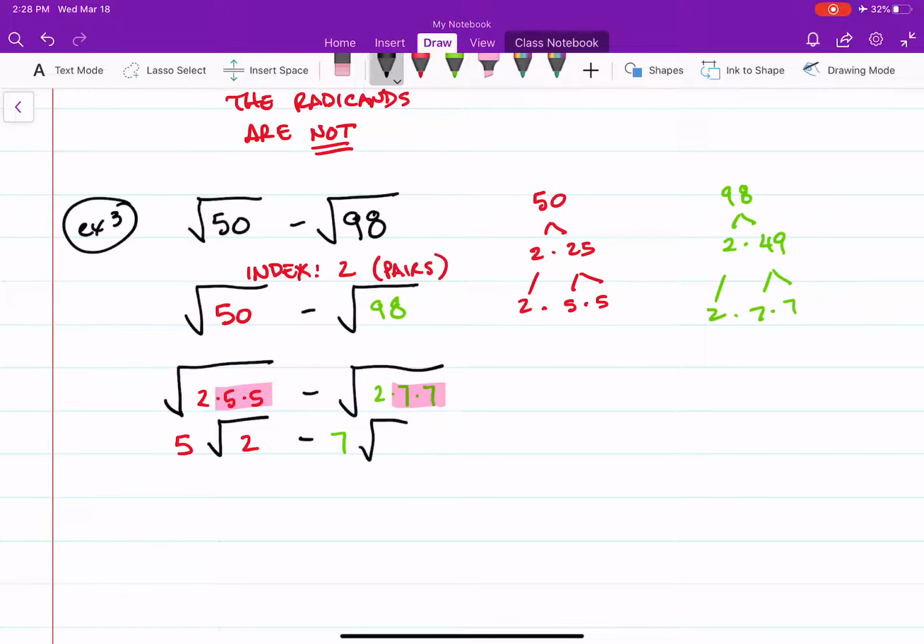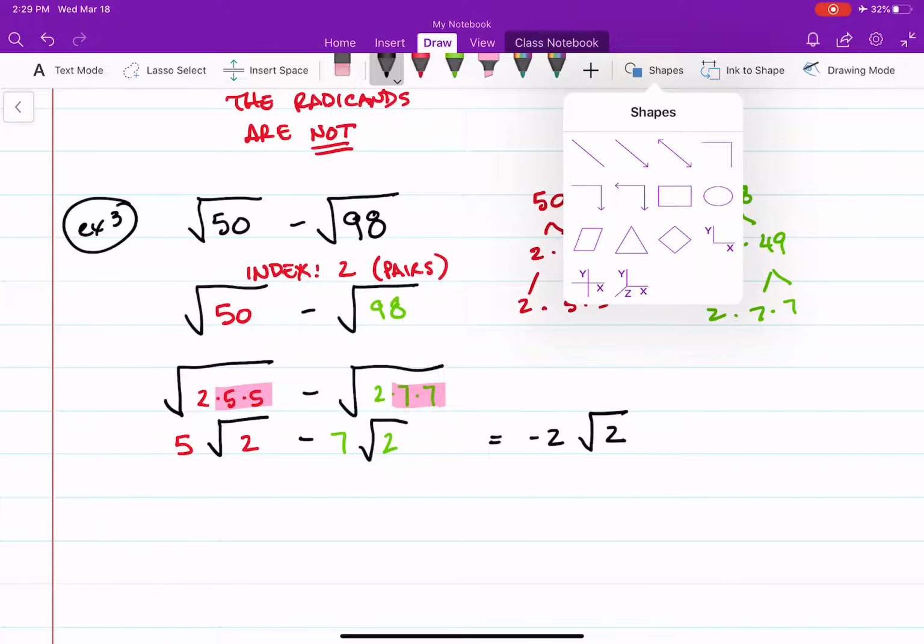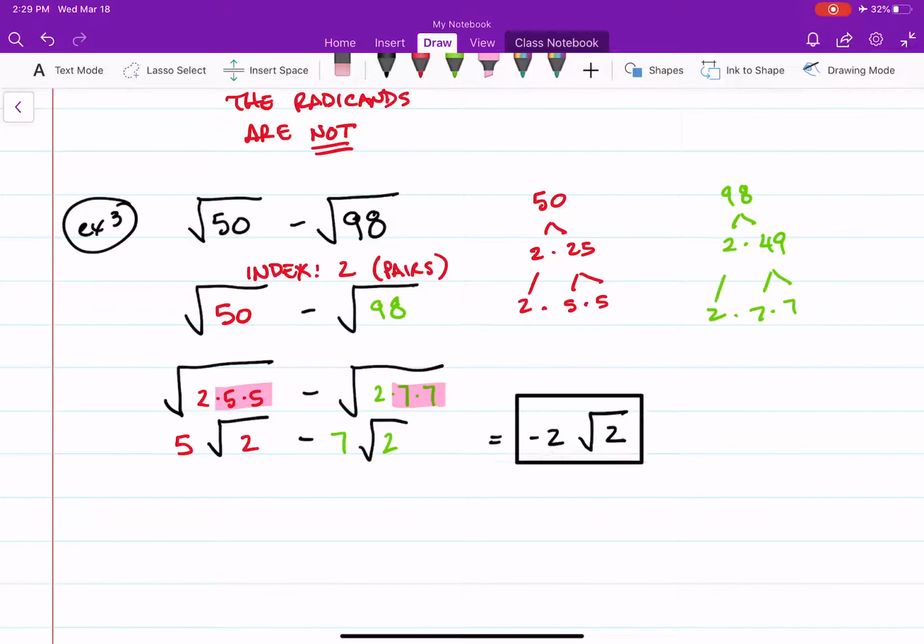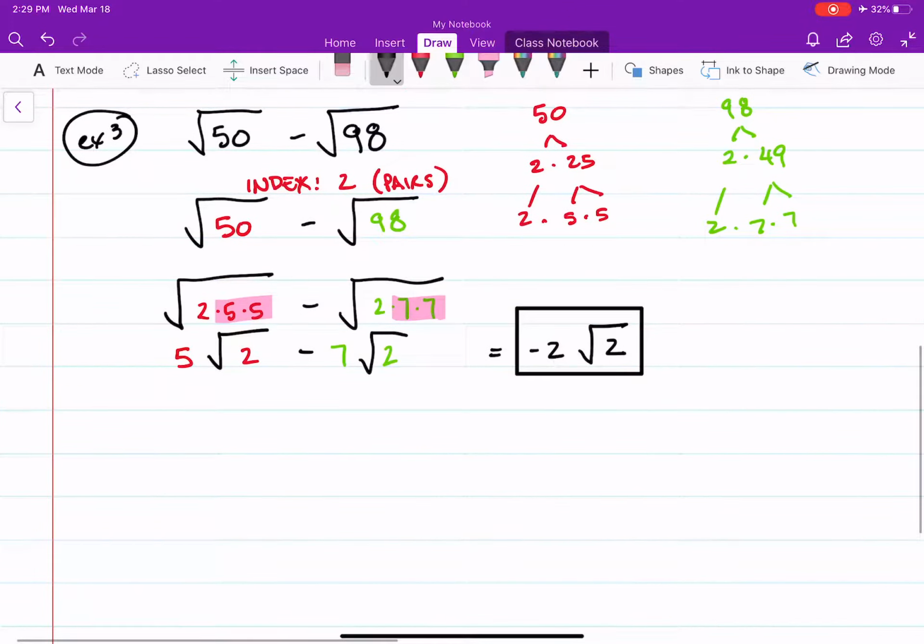And the 2 again doesn't have a pair to play. Okay, so it has to stay inside the house. So now you will notice that the index are both 2s and the radicand are both 2s. So therefore these are like terms. So this is equal to negative 2 square root 2. 5 minus 7 is negative 2. And then we keep the radical the same. Okay?